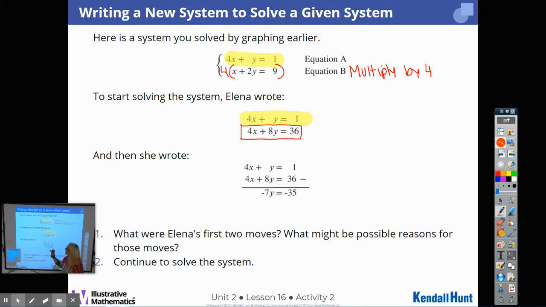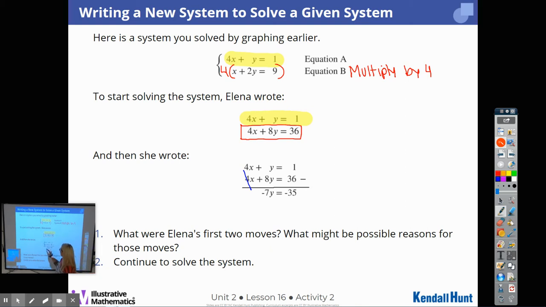She subtracted the two equations. 4x minus 4x cancel out. 1 minus 8 is -7y, and 1 minus 36 is -35. That helped us change a system that we couldn't use elimination with to one that we could.